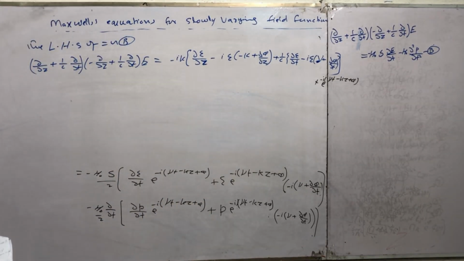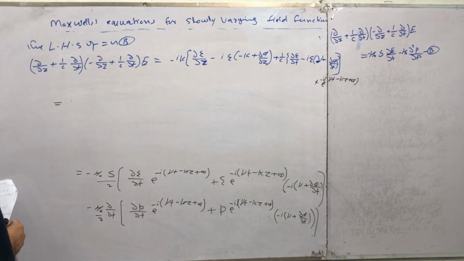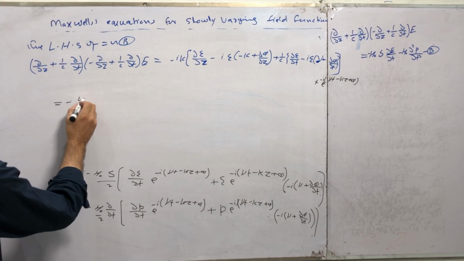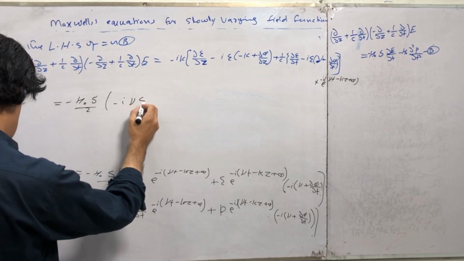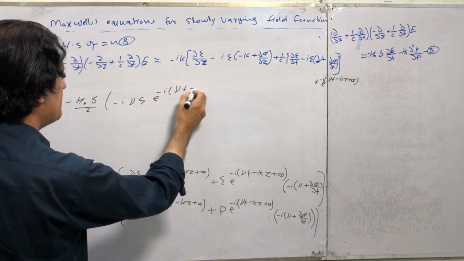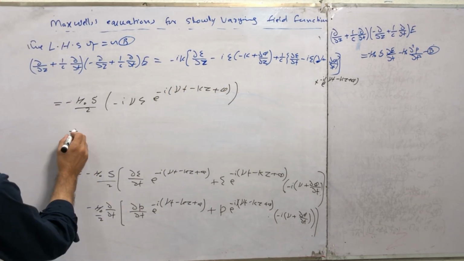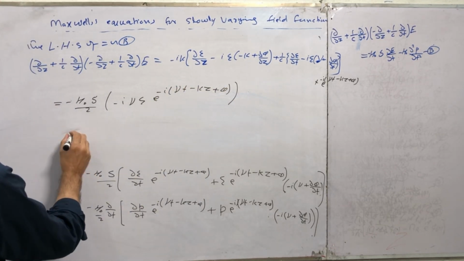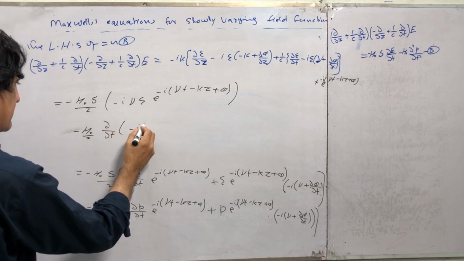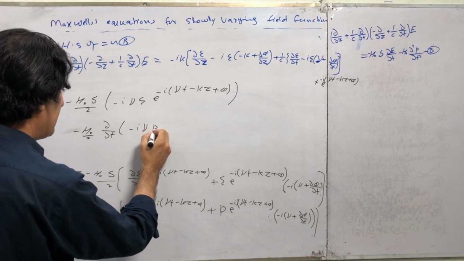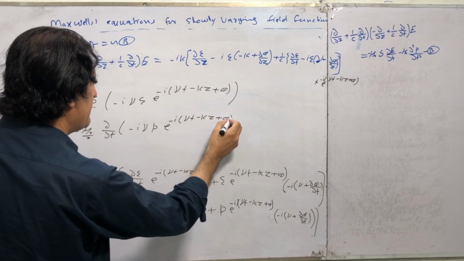the result as, after using these approximations, the right hand side: minus mu naught sigma divided by 2 minus iota nu e to the power minus iota nu t minus kz plus phi, one term, and from this you can get minus mu naught divided by 2 partial divided by partial t minus iota nu p and e to the power minus iota nu t minus kz plus phi.